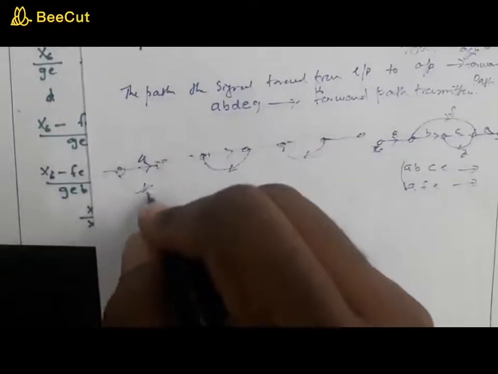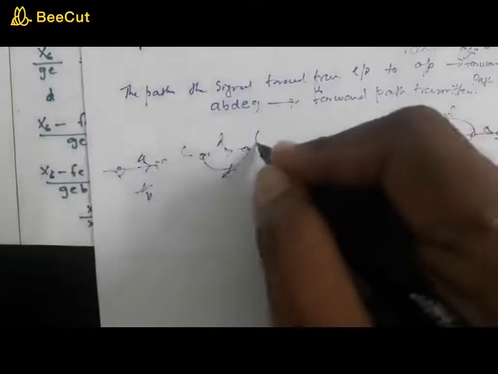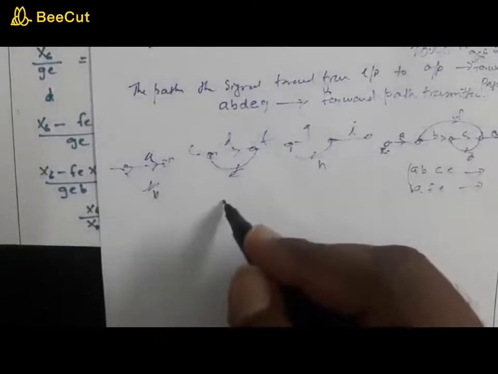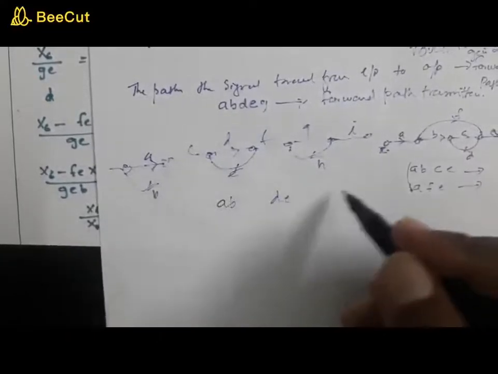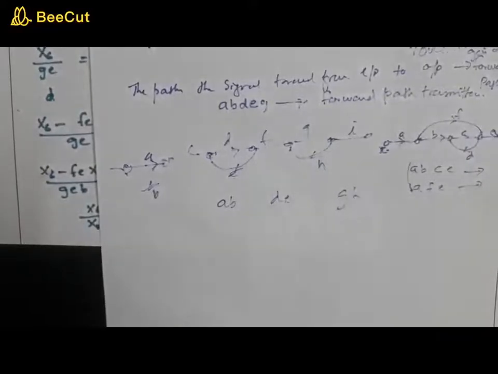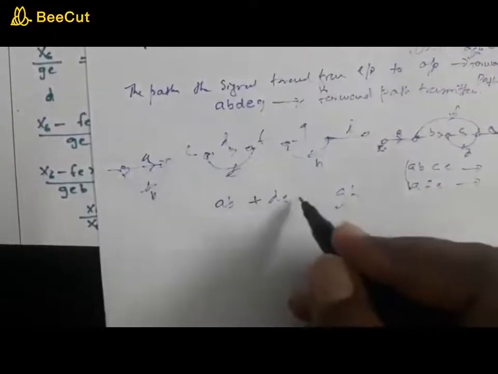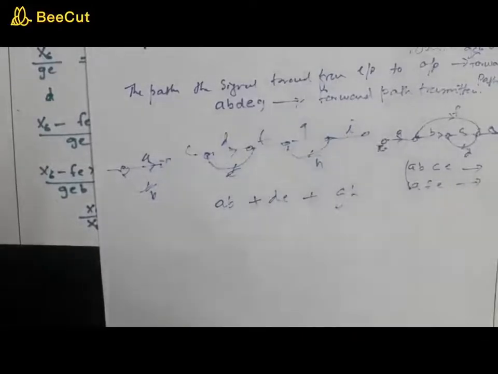Say call these A, B, C, D, E, F, G, H, I. How many loop transmittances? You have AB loop transmittance, D loop transmittance, and GH loop transmittance. Now what is the meaning of taken 2 at a time? Here also, when you take the sum of the loop gains individually, you will have a term like this, AB plus D plus GH.